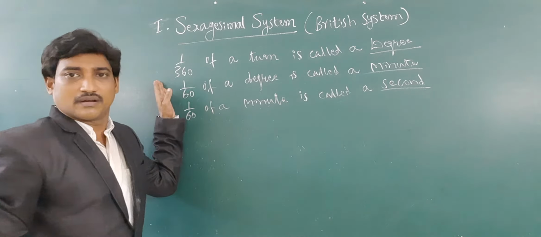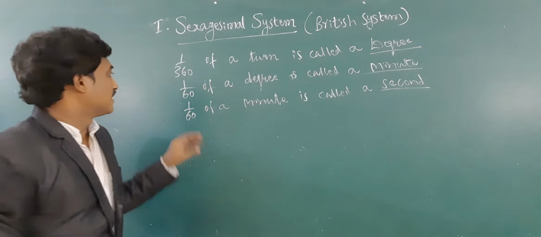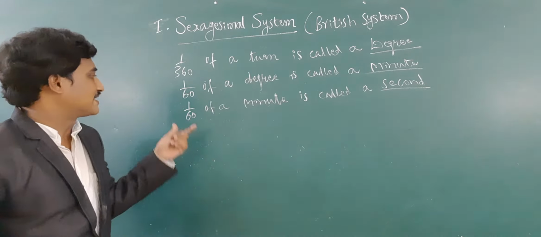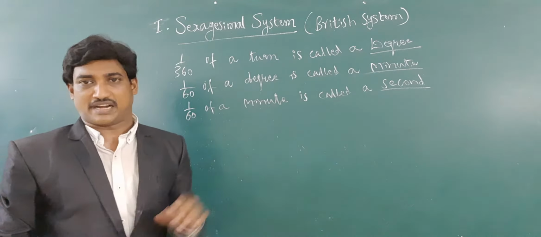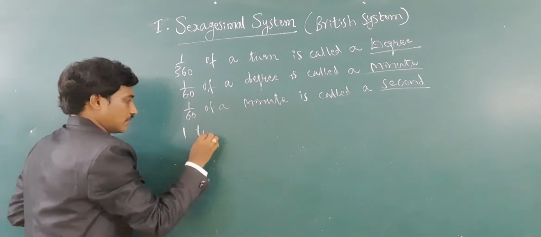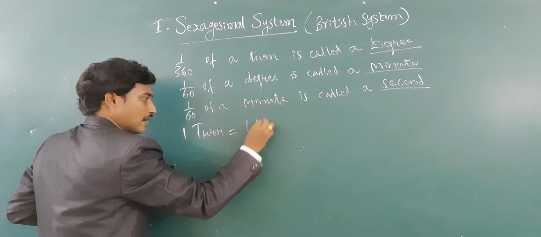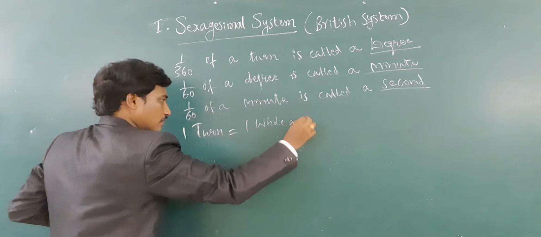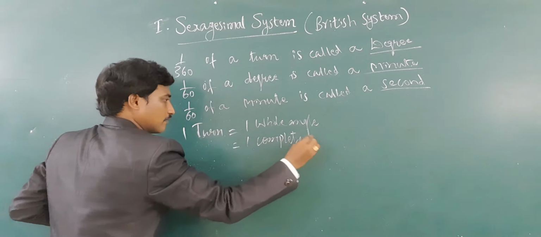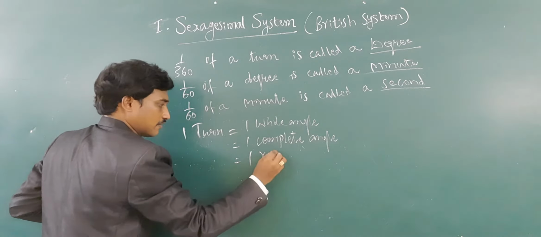360th part of a whole angle of a turn is a degree. 60th part of a degree is a minute. 60th part of a minute is a second. One turn is one whole angle, or one complete angle, or one revolution.